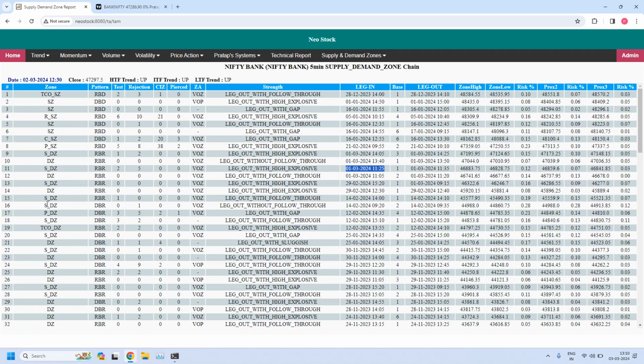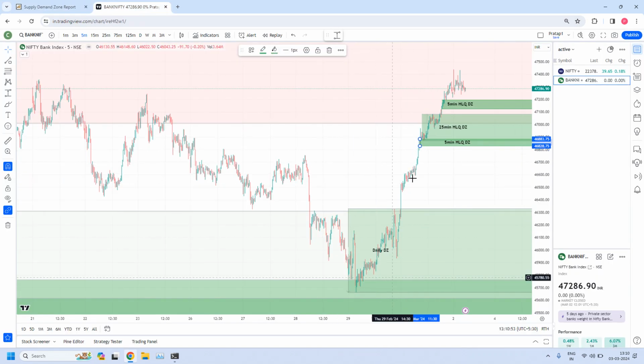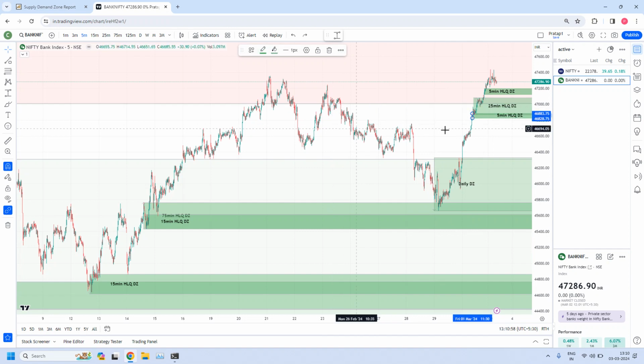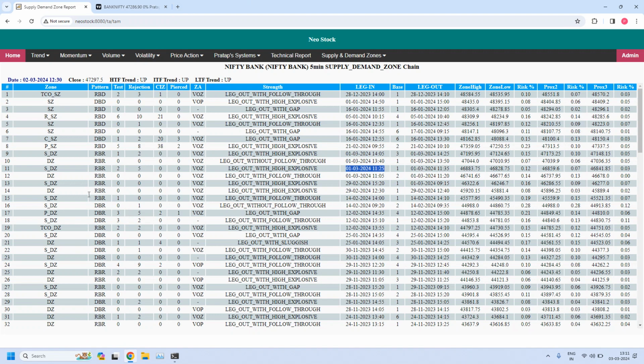And look into the remaining 5-minute zones and you can draw them, because there are many 5 minutes you will get within this area. Sorry, Control Z. So look into this.